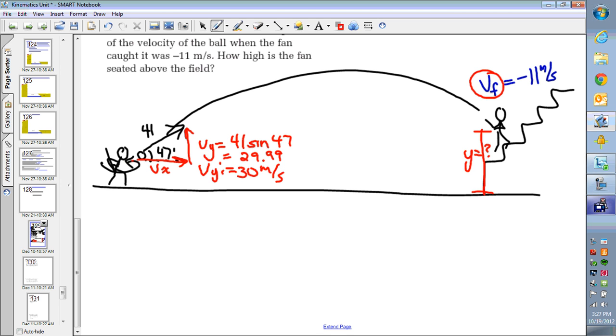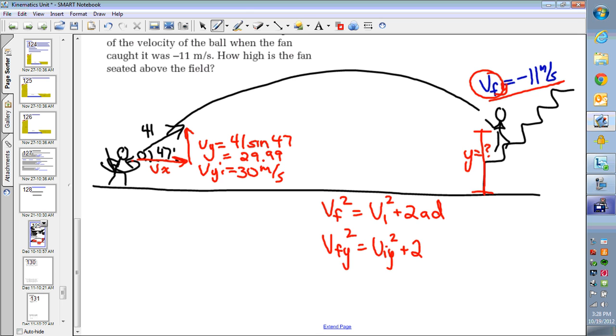And I know the final y speed is negative 11 meters per second. So we have a formula, the regular acceleration formula. You have one that says that Vf squared is equal to Vi squared plus 2AD. Well, in terms of projectile motion, if we're talking about x's and y's, we can say that the final y velocity squared is the initial y velocity squared plus 2 times the acceleration, which is gravity, and the distance is y.